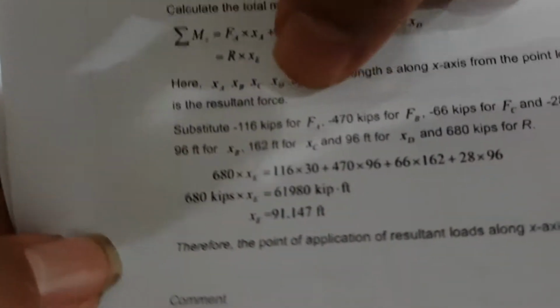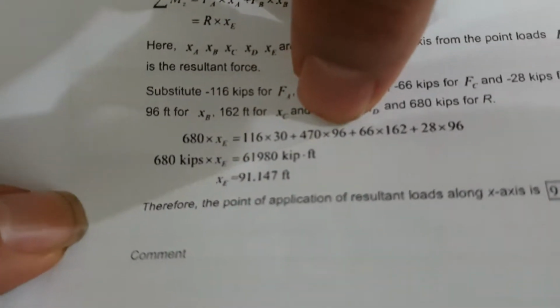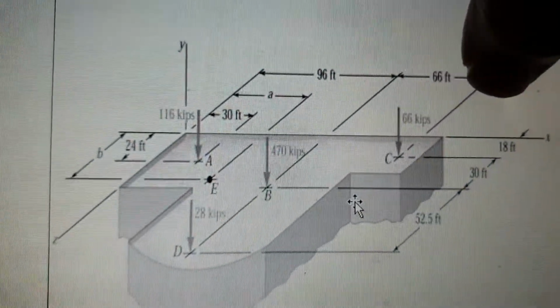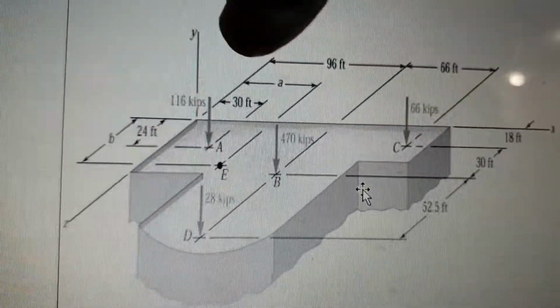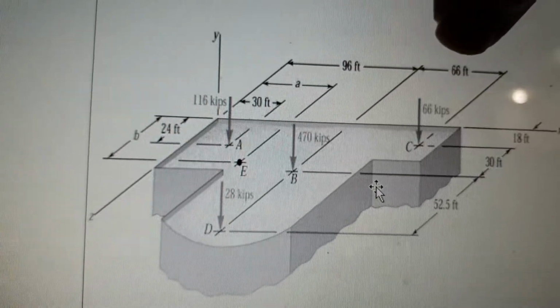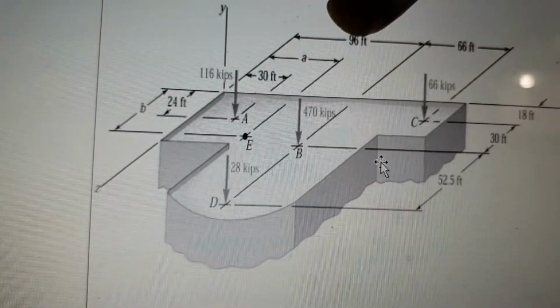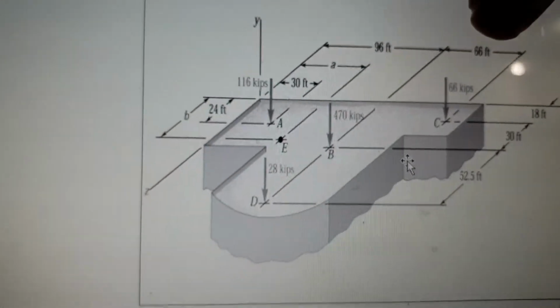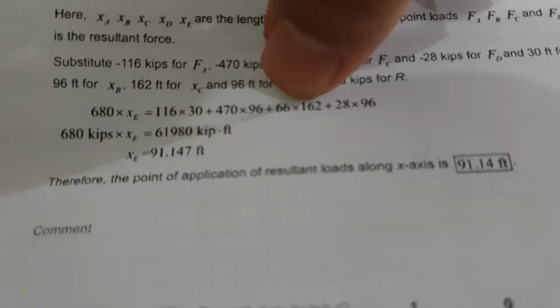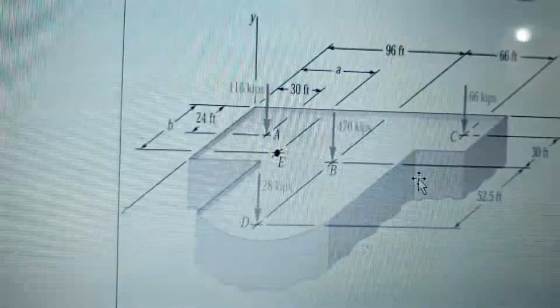So this is 96 feet plus 66. Let's go to 66 here, toward the z along the x-axis. 66 and 96. Let's just go 60 and 90. That's 150. 150 and 12. That's 162. So it's 162.